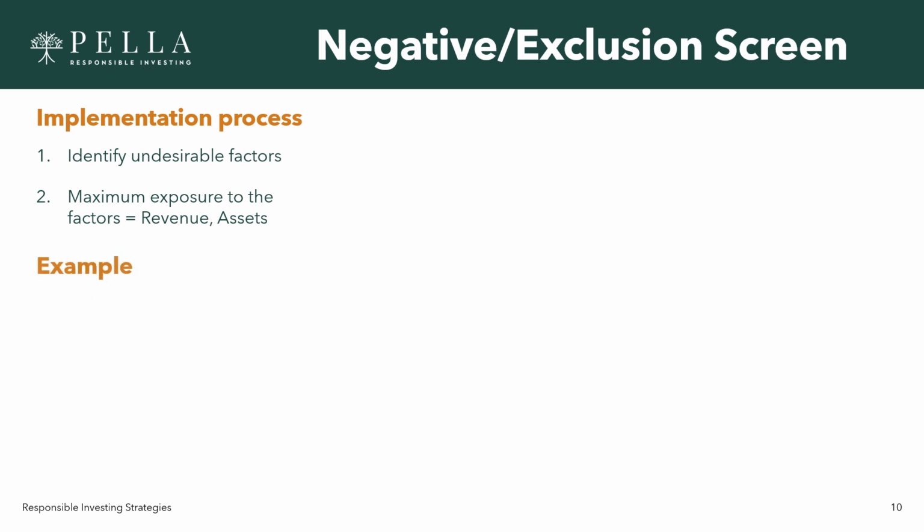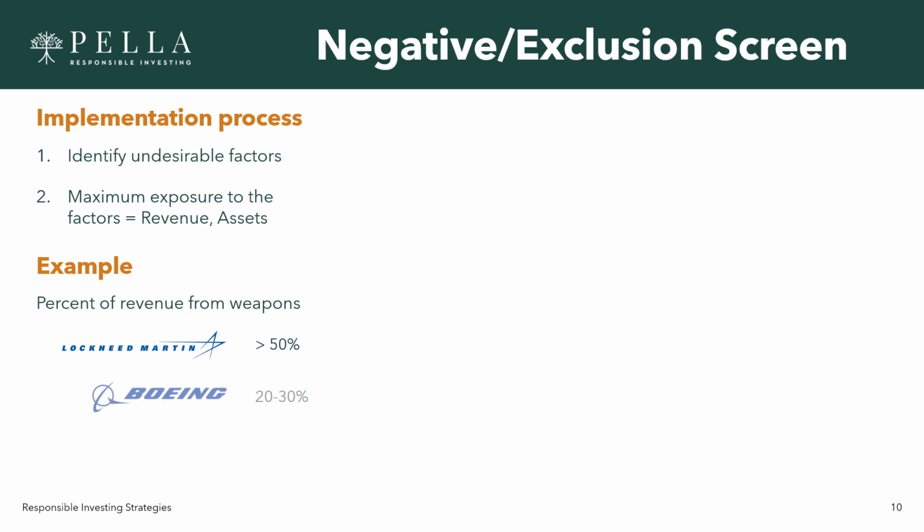Consider a practical example with these weapon manufacturing companies. Lockheed Martin generates most of its revenue from weapons. Boeing derives 20% to 30% of its revenue from weapons. Daikin earns less than 10% of its revenue from weapons.